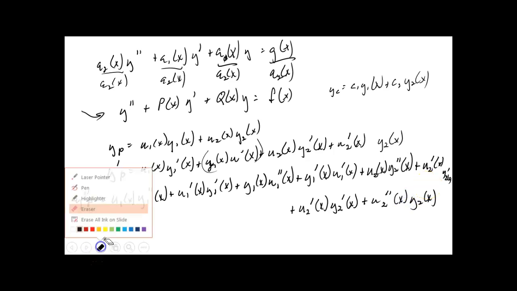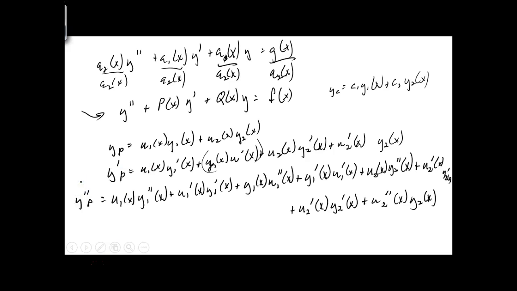All right. Now, let's see if we can combine any like terms. There's only the one u1, y1 double prime. I'm going to start leaving off the x's. Here's a u1 prime, y1 prime, and there's another, so plus 2 u1 prime y1 prime. Just in a different order, but that's okay. And I think there's only one y1 u1 double prime.